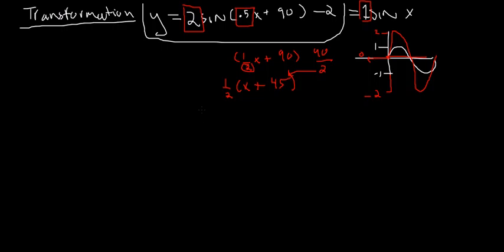So your equation should look like y equals 2 sin, half x plus 45 degrees, and your mean value, the -2, should stay -2.